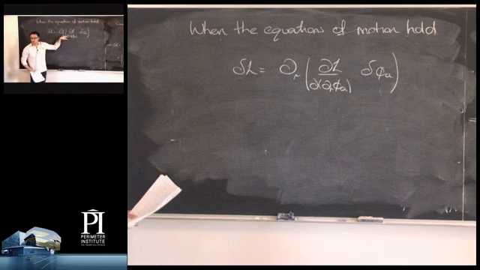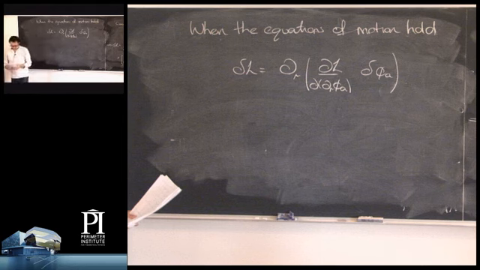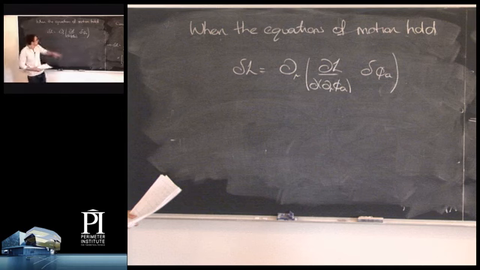It's always a total derivative. Is that clear? We have a field configuration that we're changing everywhere, and if that field happened to obey the equations of motion, the change of the action is of this form.